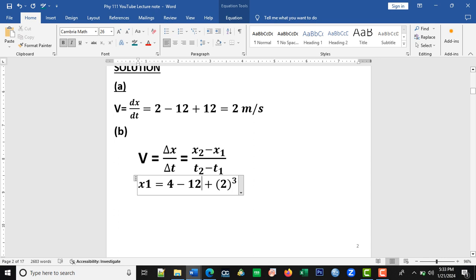Here we have 2 to power 3, which is the same thing as 8. So 4 minus 12 here will give us minus 8. Minus 8 plus 8, so x1 becomes 0. So the whole of this will reduce to 0.